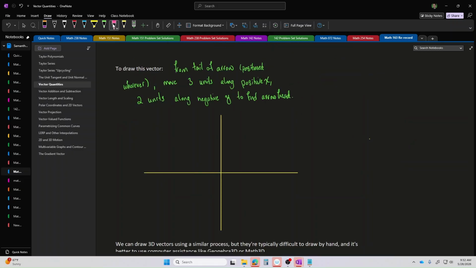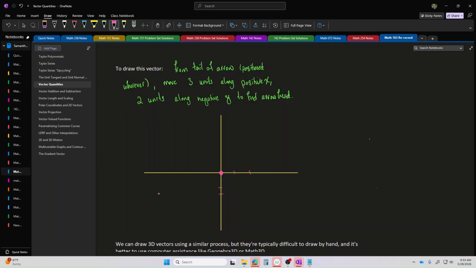So one option is to draw the vector with the tail positioned at the origin. As mentioned earlier, this is a pretty standard position for a vector unless you have some good reason to position the vector somewhere else. If the arrow's tail is located at the origin, then to find the arrowhead, I would move 3 units along positive x and 2 units along negative y.